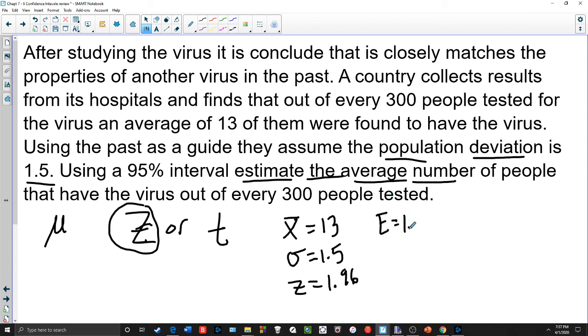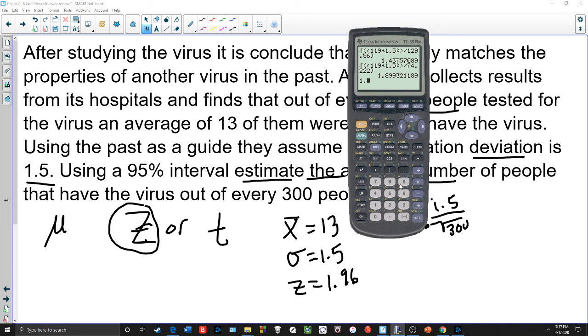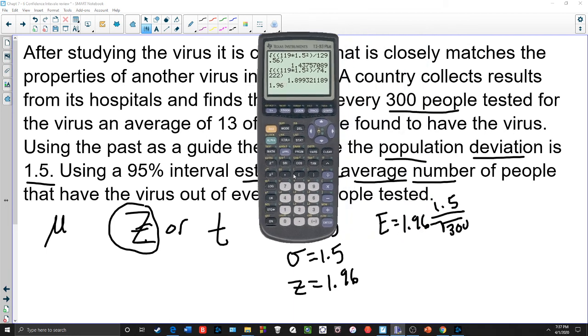So it's my z-score times my sigma over root n, which is 300 because I had 300 people tested, right? 300 people. So 1.96 times 1.5 over square root 300. And we get 0.1697. So we'll just round off to 0.17.